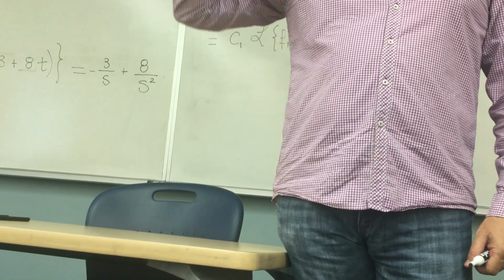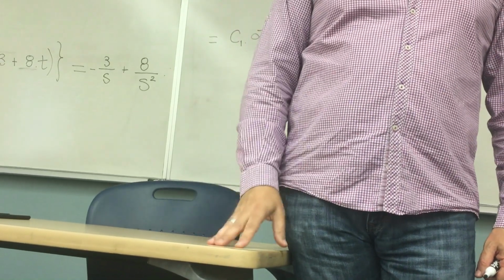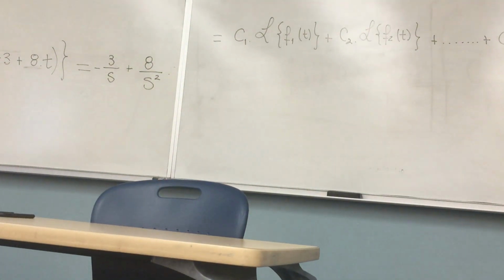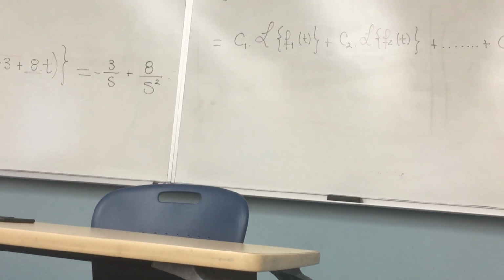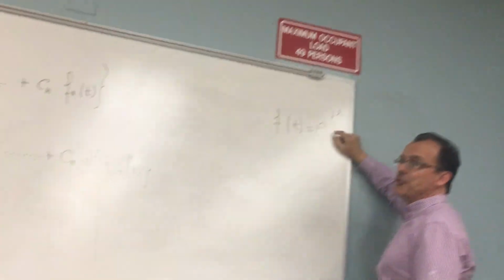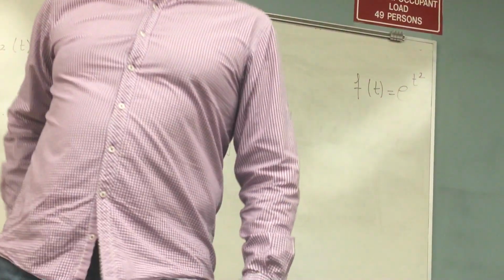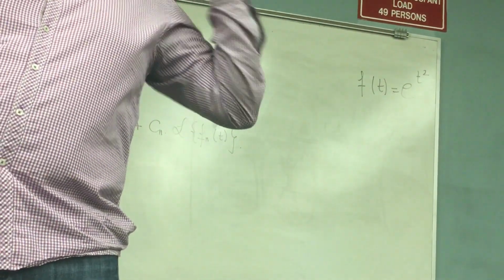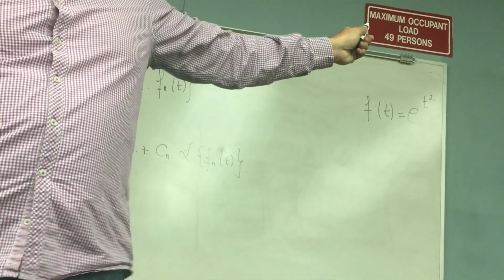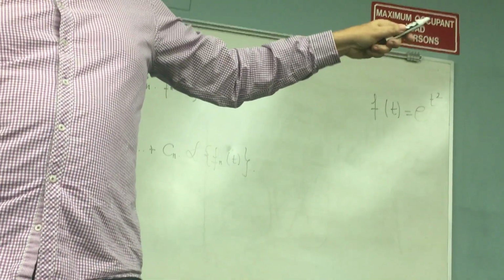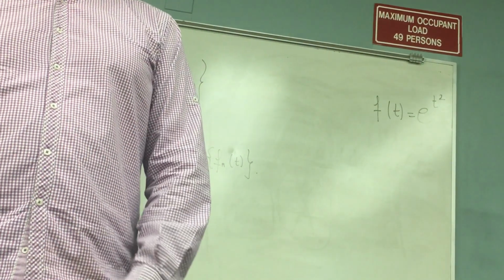But if the growth is larger than exponential, because exponential is this, or a constant here, when you put the square on the exponent this way, this is much larger than exponential growth. And whenever the growth of the function is larger than the exponential, that's when the Laplace transform does not exist.